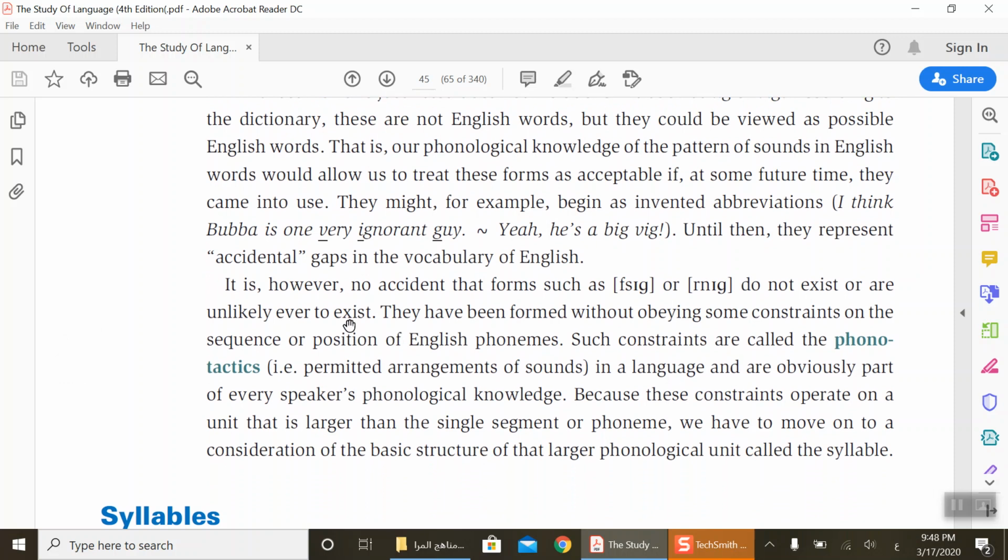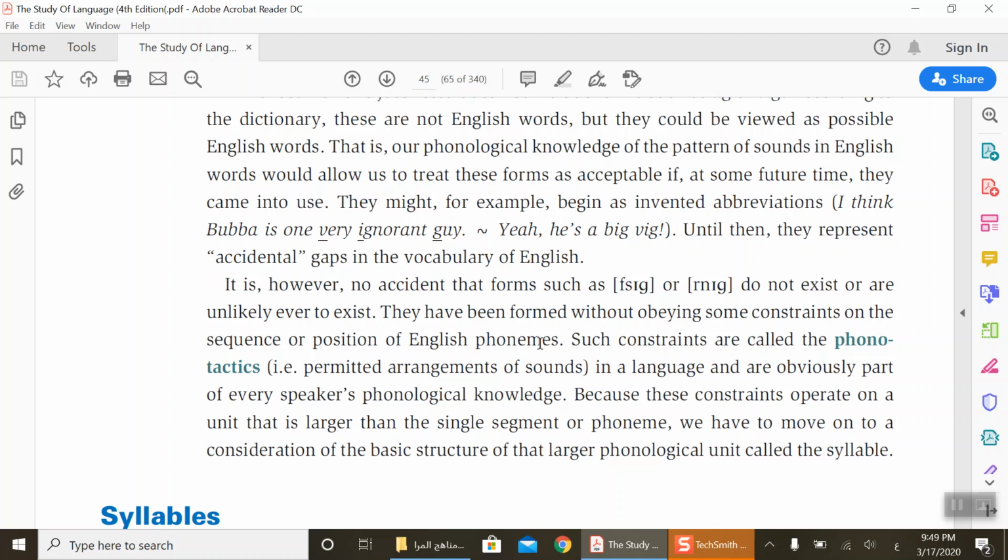It is, however, no accident that forms such as fsick or rnnig do not exist. These words do not exist, have no place in the dictionary, and are unlikely ever to exist. They have been formed without obeying some restraints on the sequence or position of English forms.